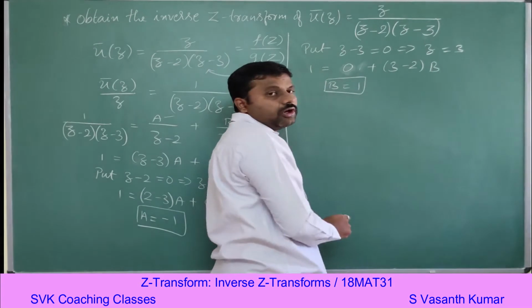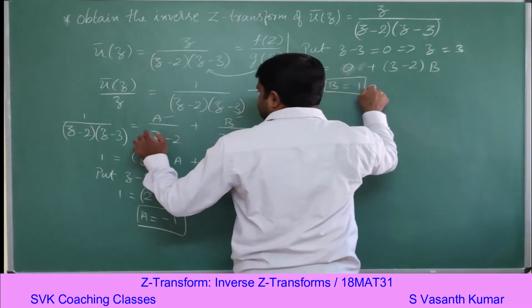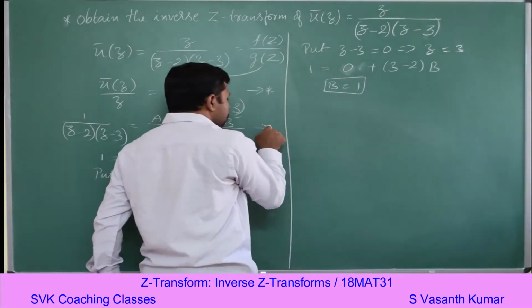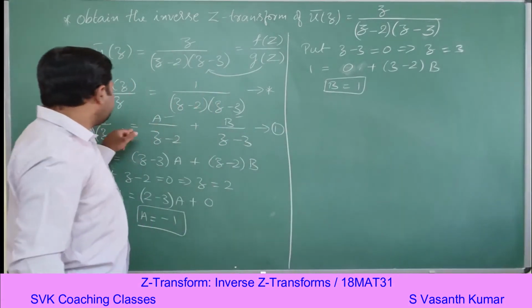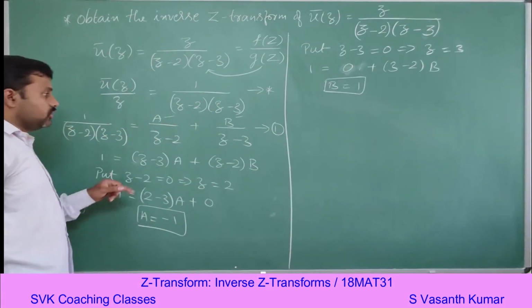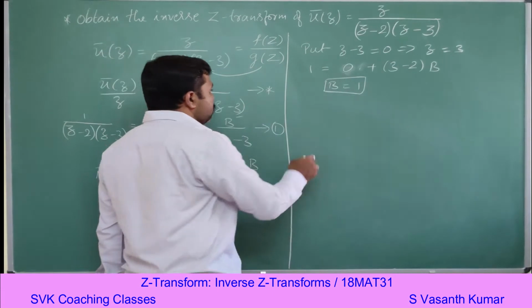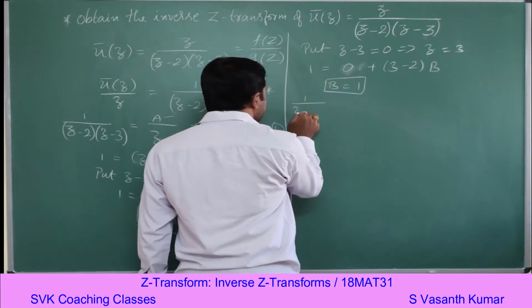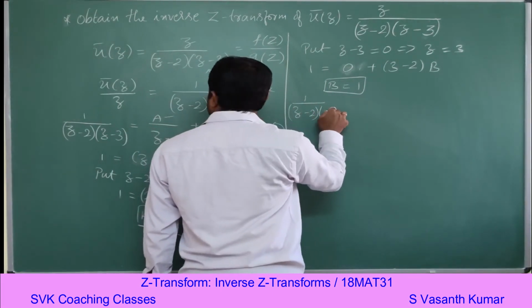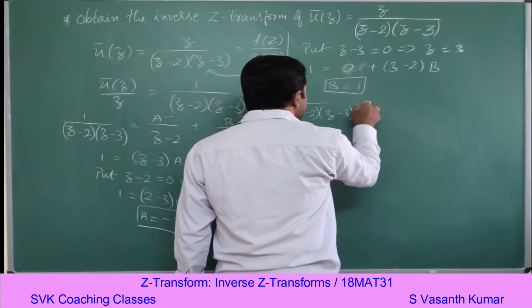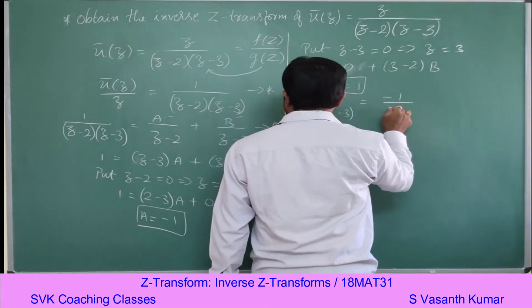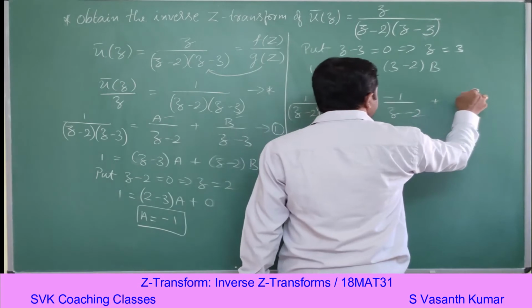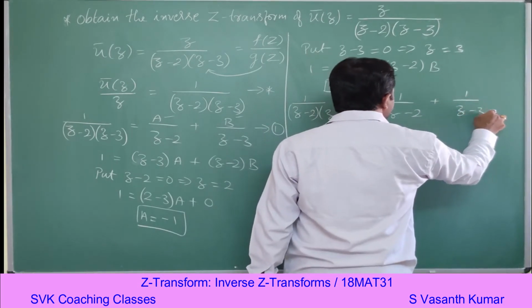1 by 1 is 1. So substituting this value in equation 1, if you name this as equation 1, we are going to get 1 by z minus 2 into z minus 3 equal to minus 1 by z minus 2 plus 1 by z minus 3.